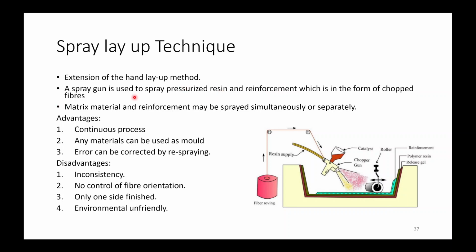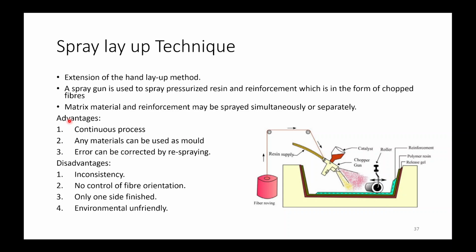So a spray gun is used to spray pressurized resin, and the reinforcement which is in the form of chopped fibers. So chopped fibers will be coming from this end, and then again the same method is here. So this is the mold, then this is a released gel coat, then we are applying some polymer and some reinforcement, then we are using a roller, we are giving it shape.